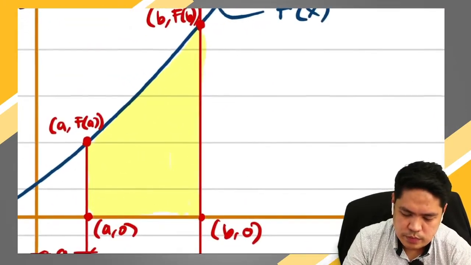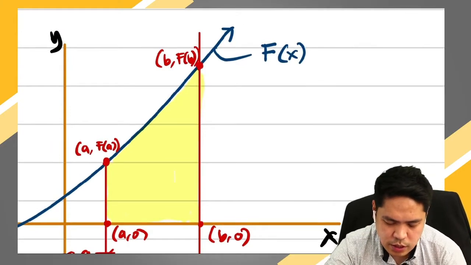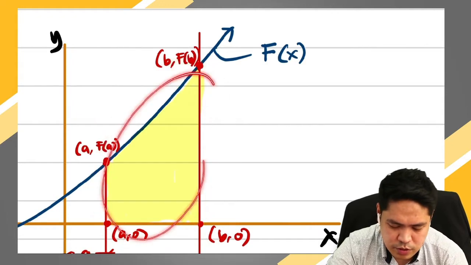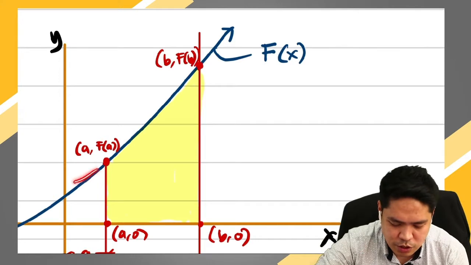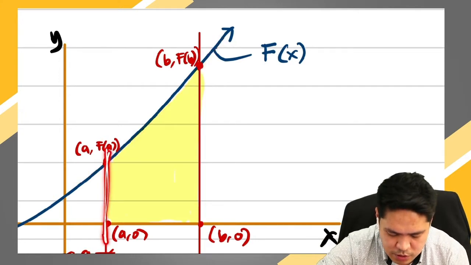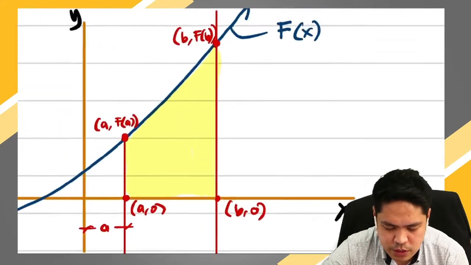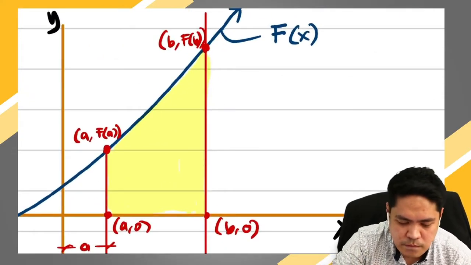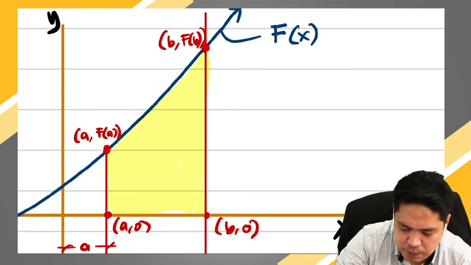Okay. Now, how do we determine the area enclosed by this region, the area enclosed below this curve from this point to this point? So we do that by just imagining strips of rectangles. Okay, so I could consider a vertical strip.